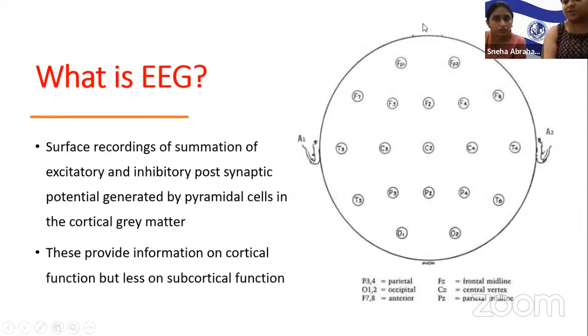That is the placement of the electrodes of EEG. It is placed between 4 bony prominences, that is the nasion, inion, and the 2 temporomandibular joints. The electrodes are labeled such that the left-sided electrodes are given an odd number and the right-sided electrodes are given an even number, and the central electrodes are represented by a Z. The electrodes correspond to the area in which they are present, that is frontal, temporal, parietal, and occipital.